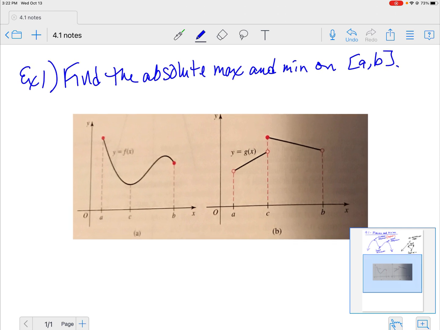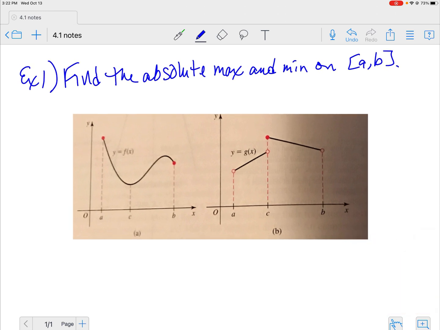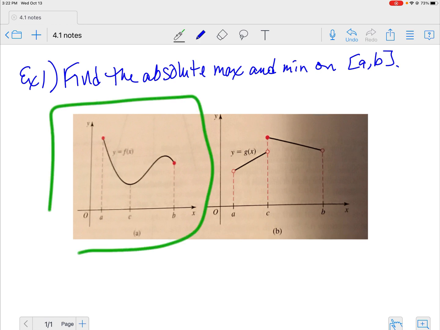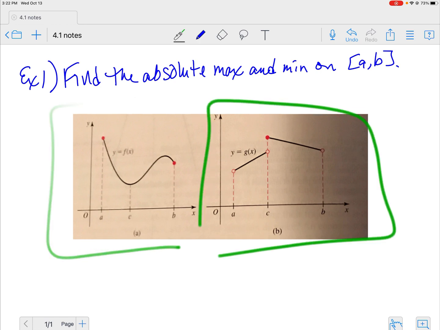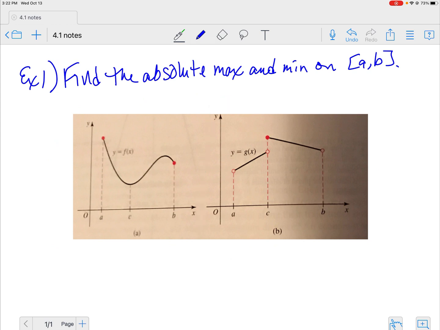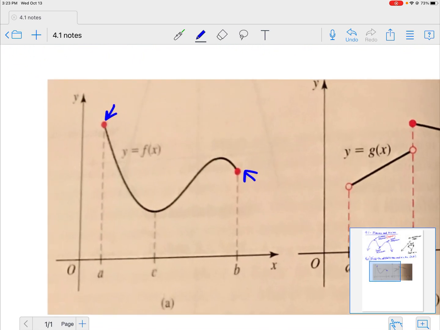So here's my closed interval from A to B, and we want to find an absolute maximum and minimum. So we're going to look at part A and part B here in order to come up with this information. All right, so check it out. This is closed because this is a closed dot, right? Here is also a closed dot that I have.